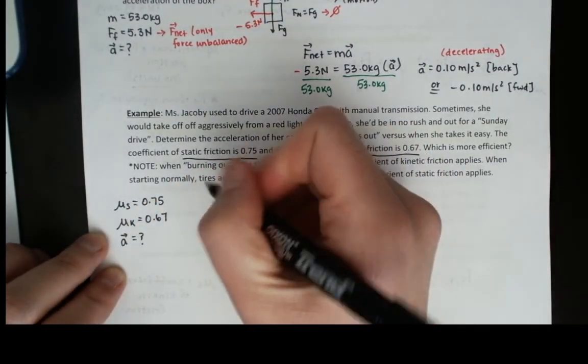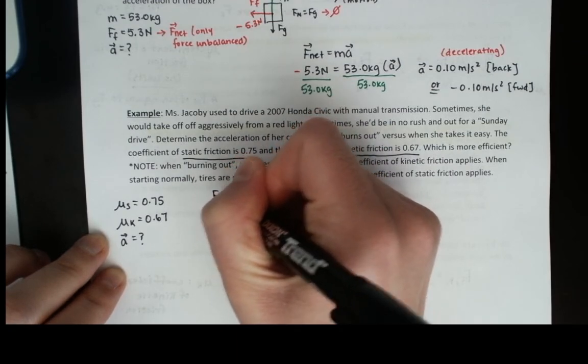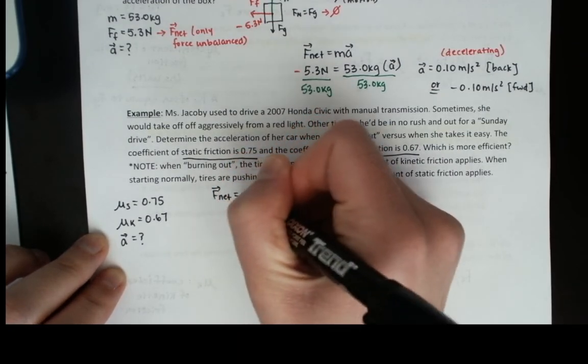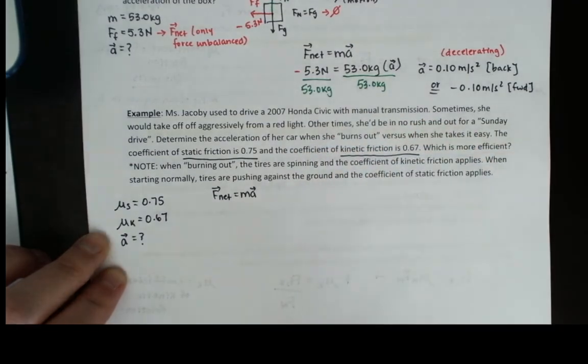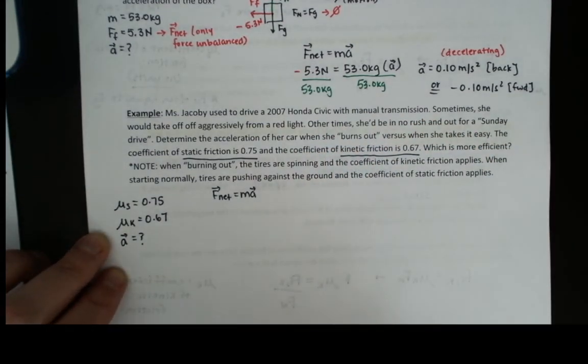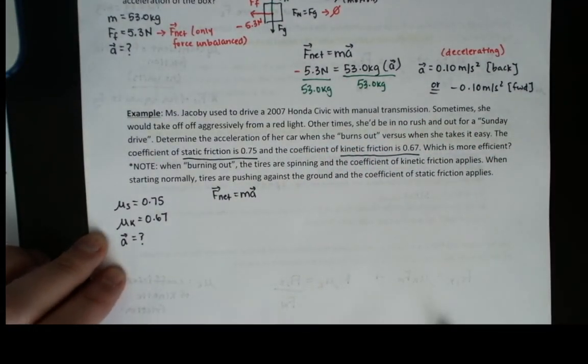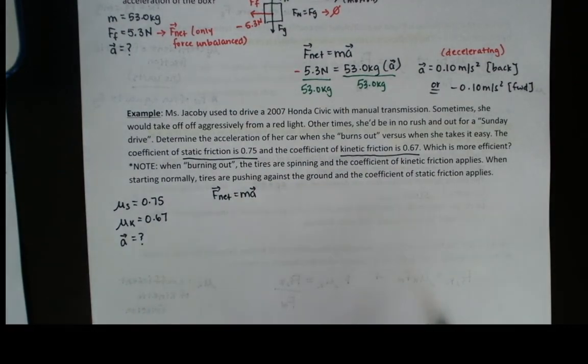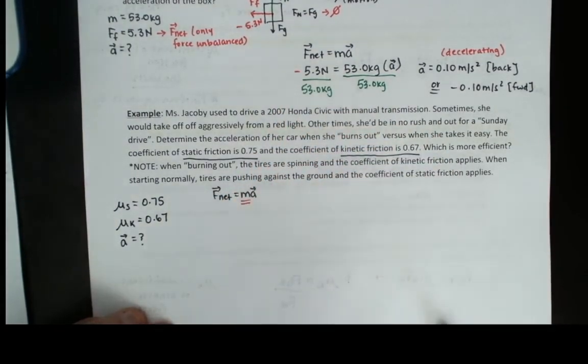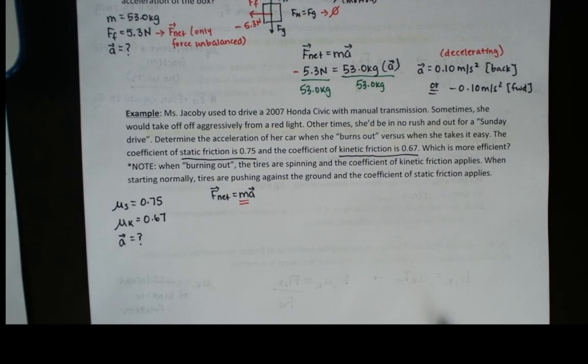Well, if we wanted to find acceleration, we could use F net equals mass times acceleration, but we don't have mass. And without mass, it's going to be really hard for us to use the formula. We don't know how heavy the car is. We don't know the weight of the car.